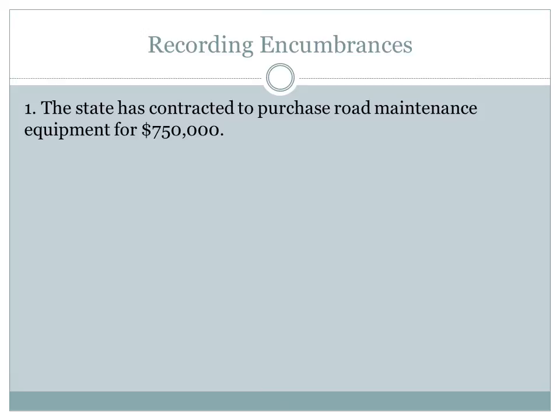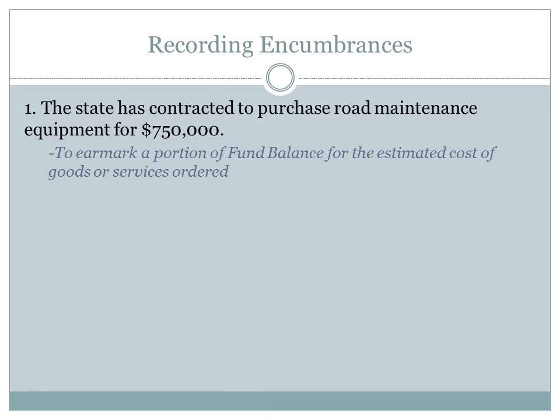Now we're going to cover an example of how to record encumbrances. The state has contracted to purchase road maintenance equipment for $750,000. Remember, we're recording an estimate here. The purpose of an encumbrance is to earmark a portion of the fund balance for the estimated cost of goods or services ordered.